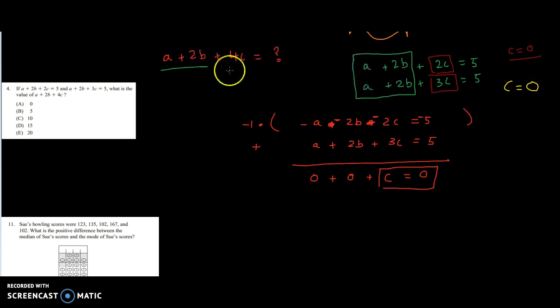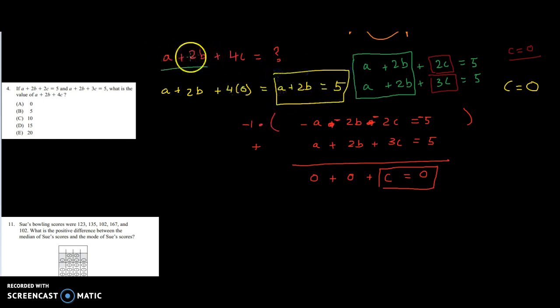Okay, so now let's think about this. If c is equal to 0, then a plus 2b plus 4 times 0 is just the same as a plus 2b, which has to be equal to what? Well, a plus 2b plus 2 times 0 is 5, and a plus 2b plus 3 times 0 is also equal to 5, so a plus 2b is equal to 5.